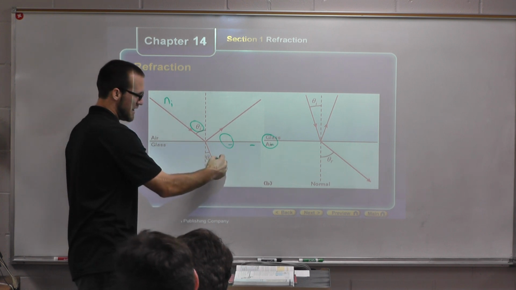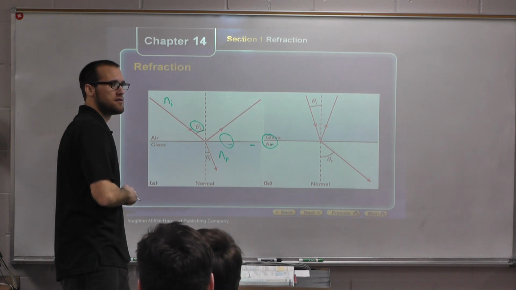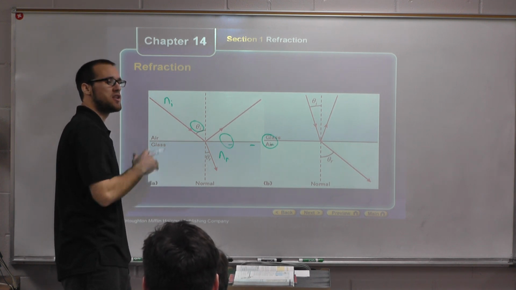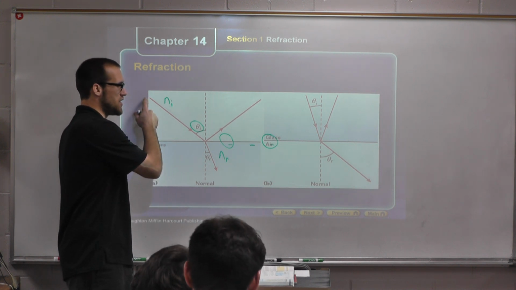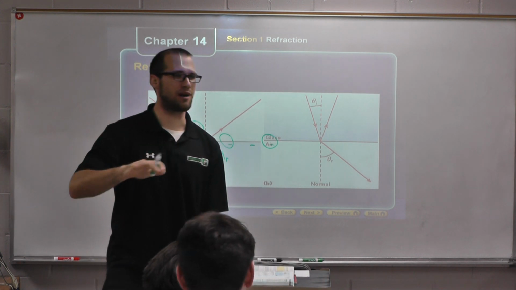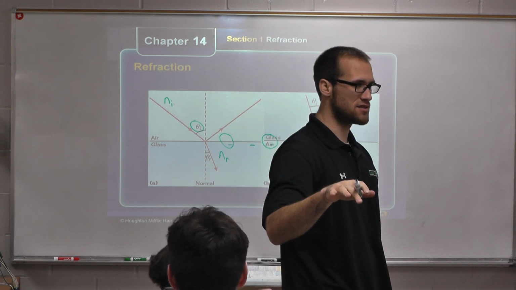And whatever the N is for glass would be my NR. So what you can do then is, if you know your two N's and you know the angle your light's coming in, you can exactly predict what angle it will come out. Does that make sense? Yeah.